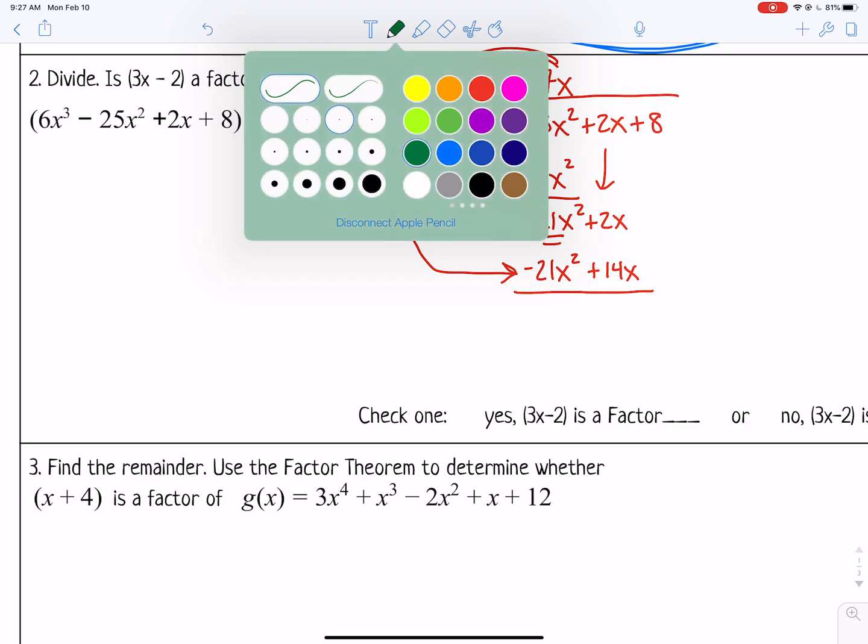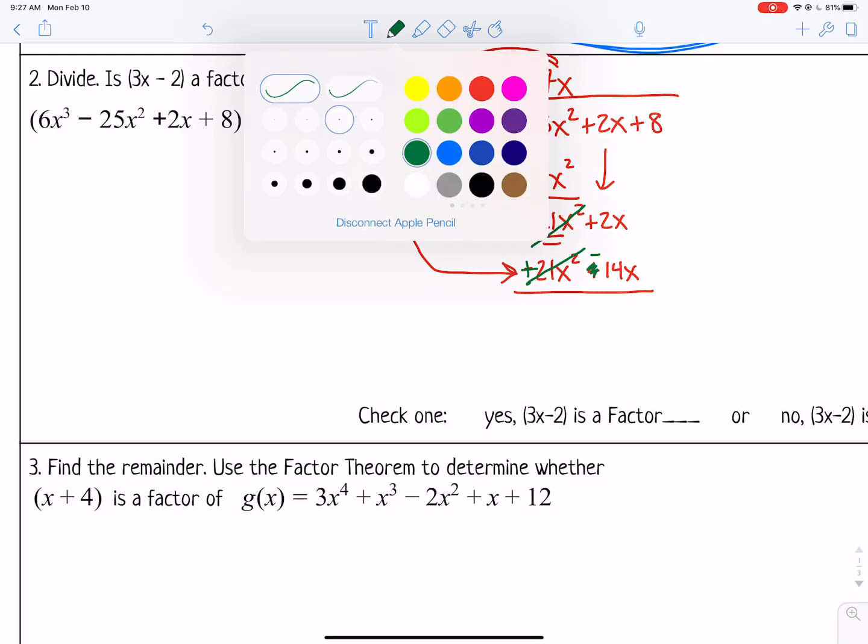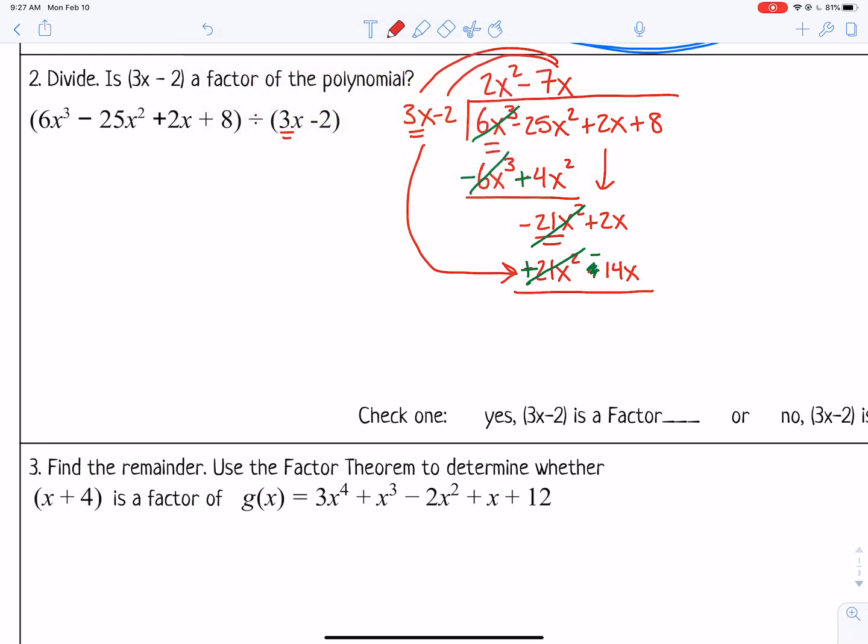And then make sure you subtract both of those so they change signs. Those first two should cancel out. Then you bring down what you have left. So you have 2x − 14x is −12x. Then you still have this plus 8. Then the process starts over again. So you want to think about 3x times what would give you −12x, which would be −4.